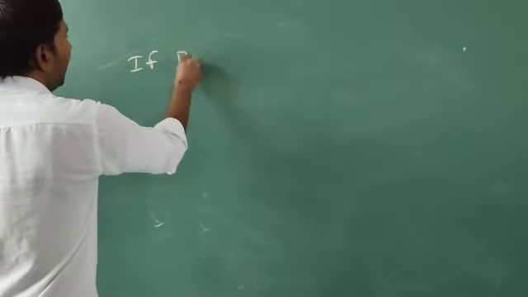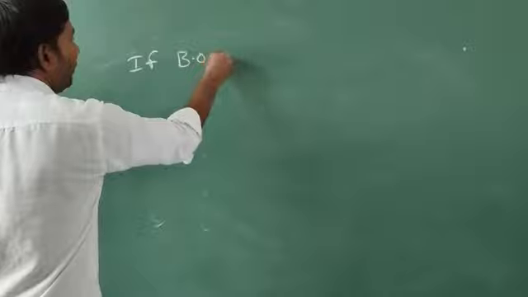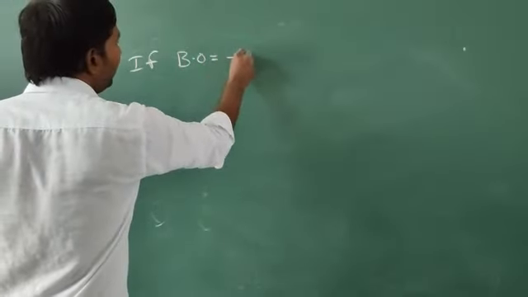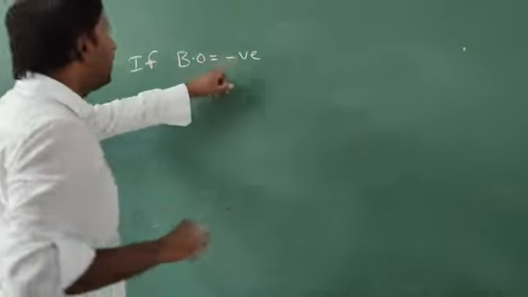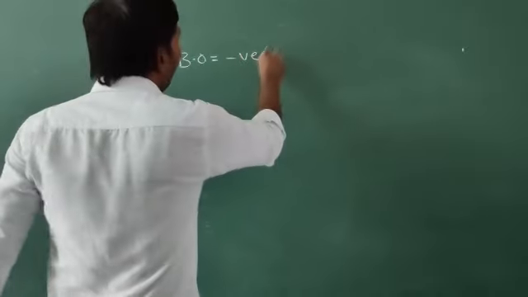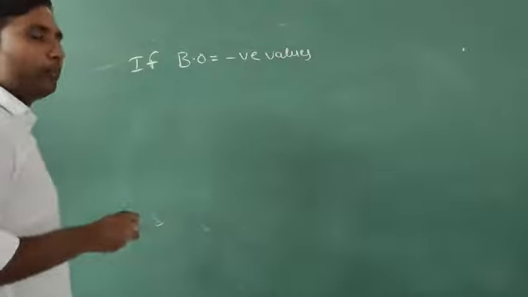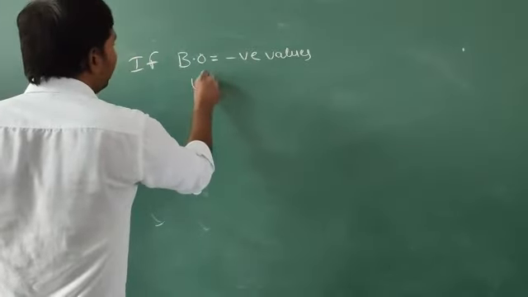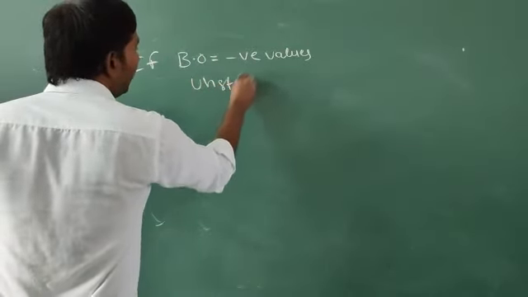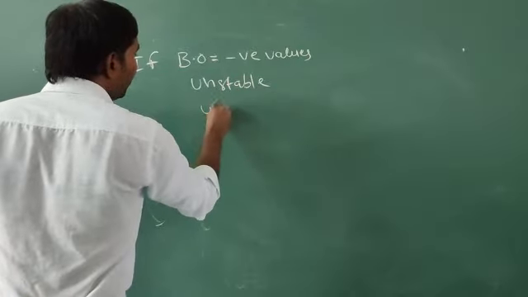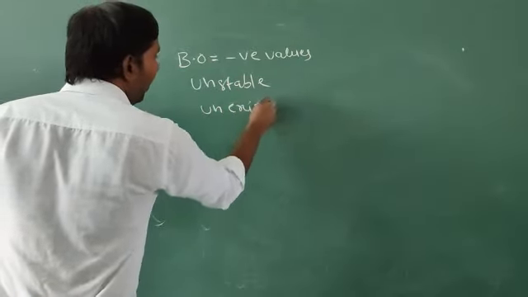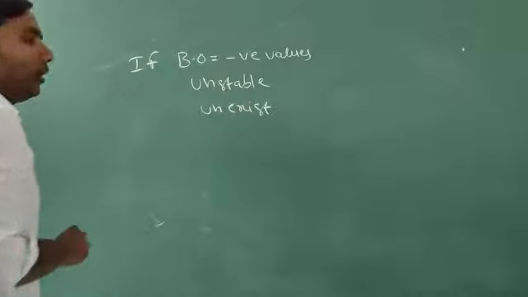Now here, if bond order is negative, meaning negative values or negative integers come, that molecule is unstable and does not exist.